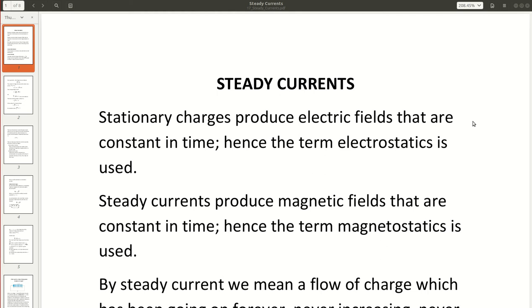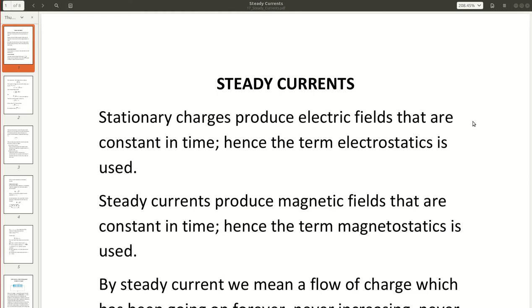Today I continue and speak about the steady current and how we can reach Ohm's law. Stationary charges produce electric fields that are constant in time. Steady current produces a magnetic field which is also constant in time.